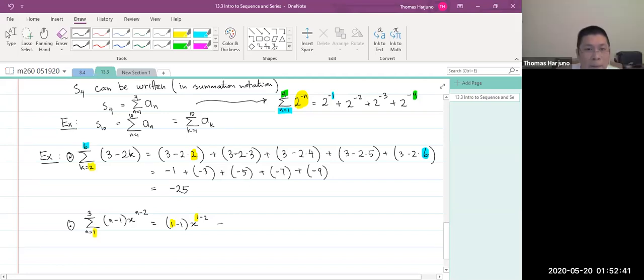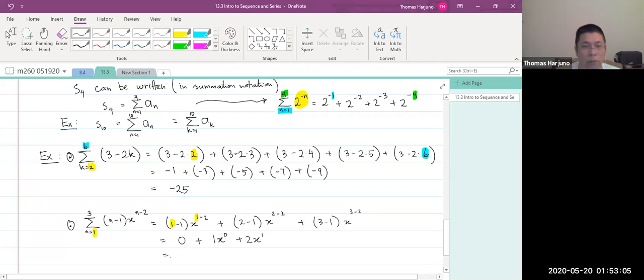Plus 2 minus 1, x to the 2 minus 2, plus 3 minus 1, x to the 3 minus 2. That will be 0 plus 1x to the 0 plus 2x to the 1.